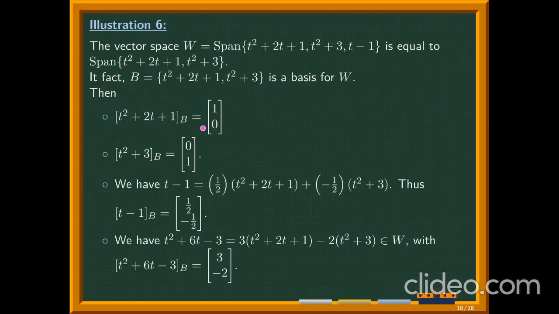And this is what we saw, for instance, in this illustration. So the first vector with respect to basis B takes the role of this coordinate vector in R2, and this second guy takes the role of the vector 0, 1 in R2.